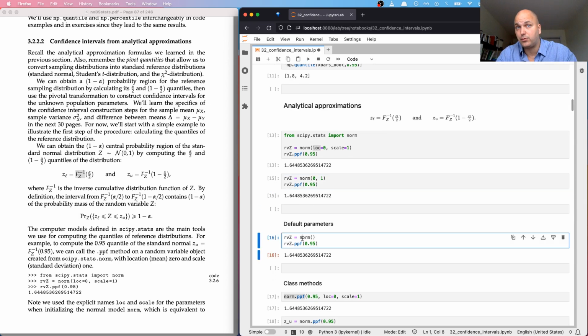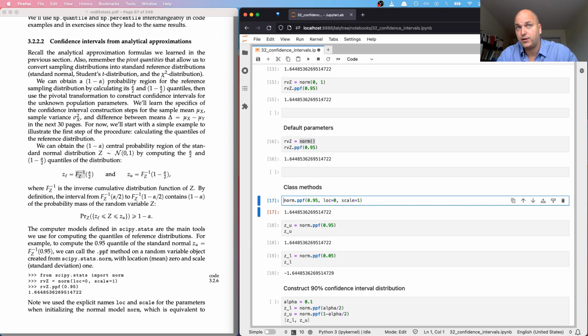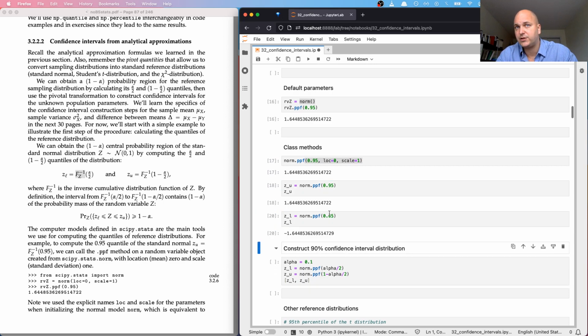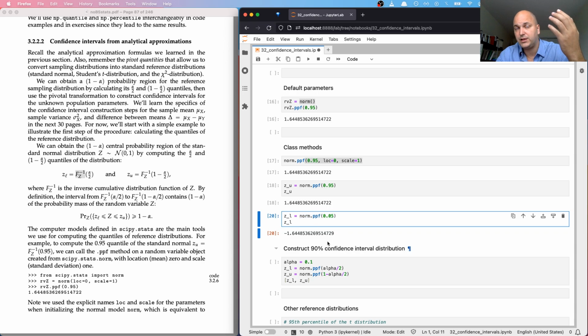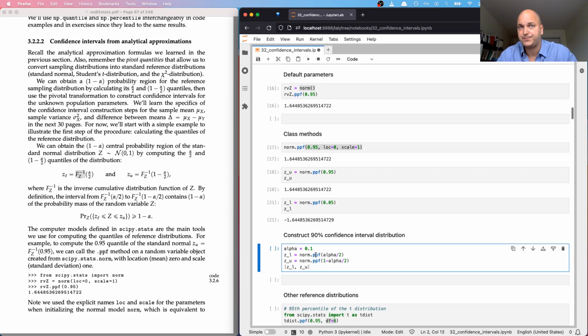Or you can just say norm, where the default parameters are mean 0 and standard deviation 1. Even better, you can just call norm the class, which has a class method that does this for you. You can look at the example. This is the shortest version, where it's implicit that this is a 0, 1 norm. If you don't write it, Python will assume it's the standard norm.